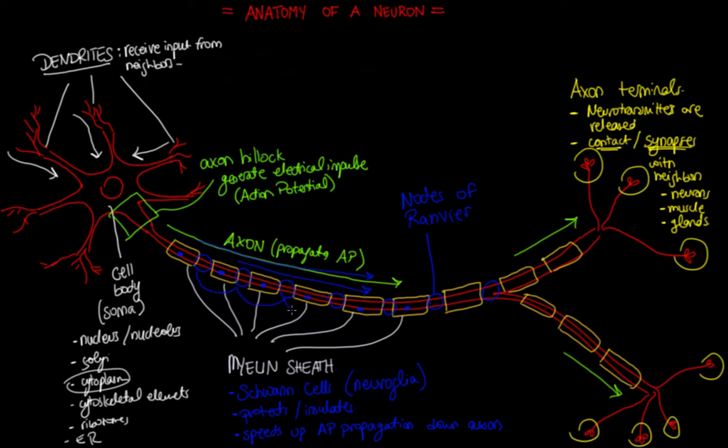This electrical impulse will jump from one node of Ranvier to another. And this is what we call saltatory conduction. So nodes of Ranvier allow saltatory conduction, or the jumping of the action potential from one node to the other, and this makes the action potential travel much faster. So we call this saltatory conduction. Right? So this is pretty much all we need to know for now in terms of the anatomy of a neuron.